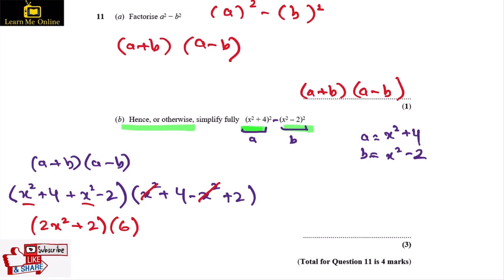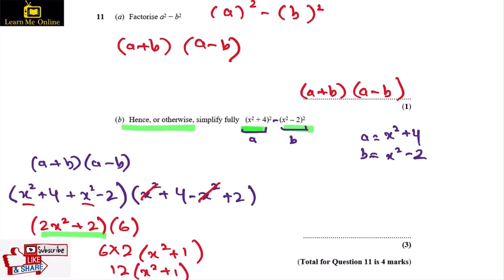Because we have to simplify it, we see if we are able to factorize something from the first bracket, and I can see that we can factorize 2 from the first bracket. We have got 6 already. Then to factorize 2 from here, we will be having x squared plus 1. The two numbers outside the bracket multiply together, so it would be 12 times x squared plus 1, and the whole simplification of that would be 12(x squared plus 1).